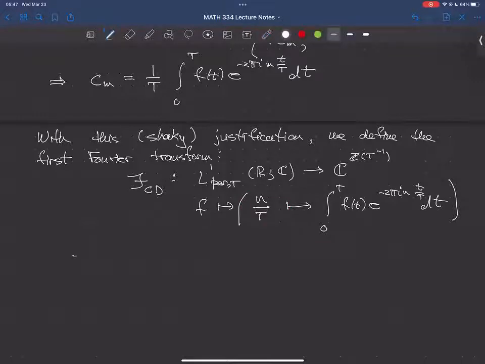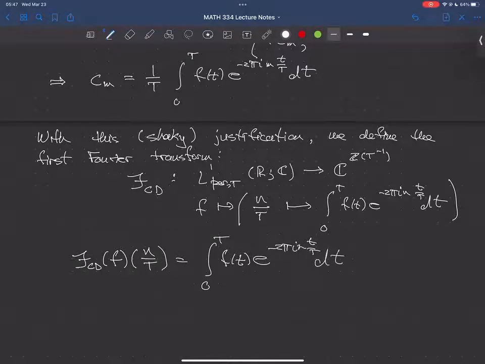In other words, FCD of f at n over T is the integral from 0 to T of f of t e to the minus 2 pi i n t over T dt. So that's our first Fourier transform. It takes a continuous periodic f and returns a discrete aperiodic transformed function.